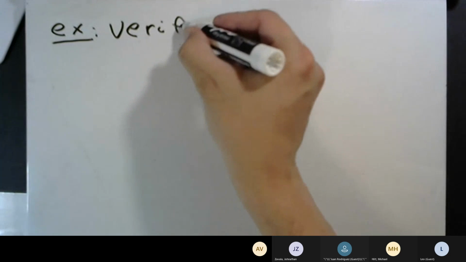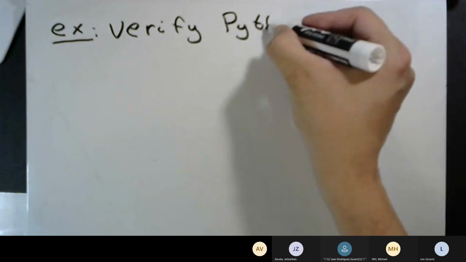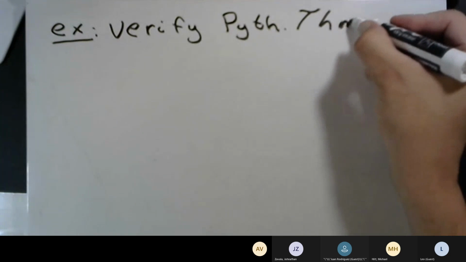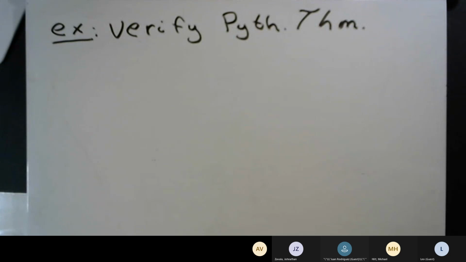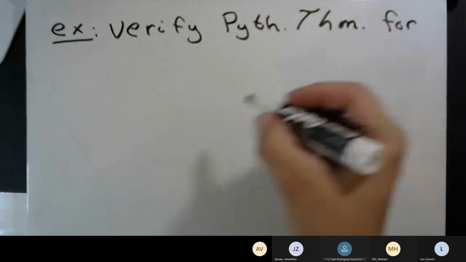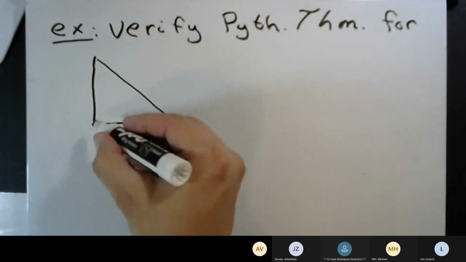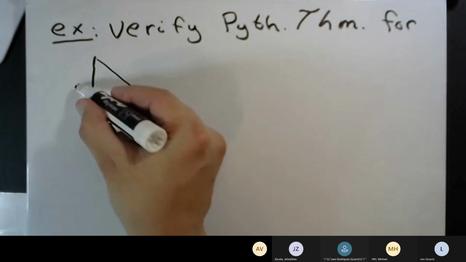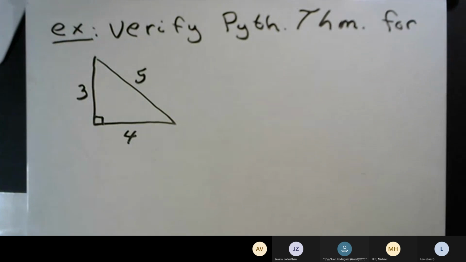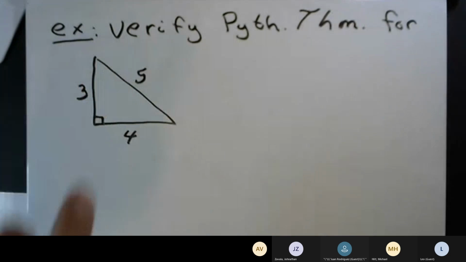Let's verify the Pythagorean theorem for this triangle. So this measures 3, this measures 4, and this measures 5.